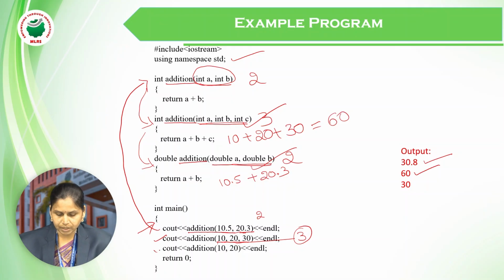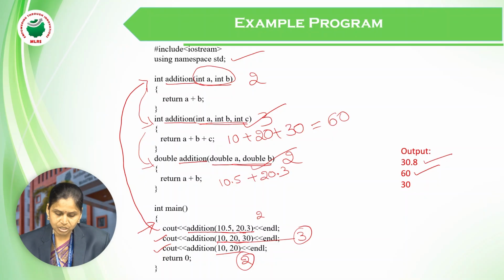Next, it goes to the third statement, cout addition of 10, 20. Here also we use the same procedure. The compiler first goes to the first function. Then it verifies the function name and the number of parameters: 2. Here also we are sending 2 parameters. Then what is the data type? Integer, integer.